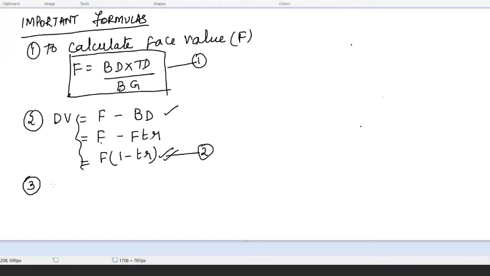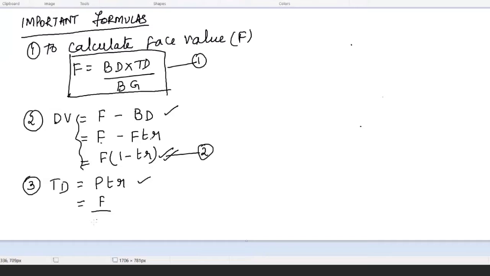Third one, true discount. True discount, what is the formula? True discount is interest charged on the present value. So PTR, either this formula or we know the formula to find the present value. What is the present value formula?